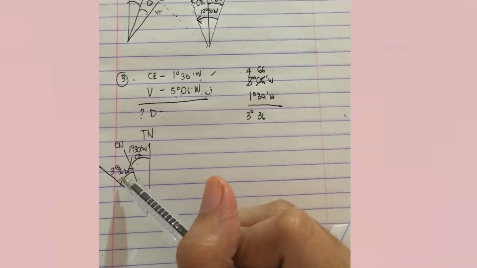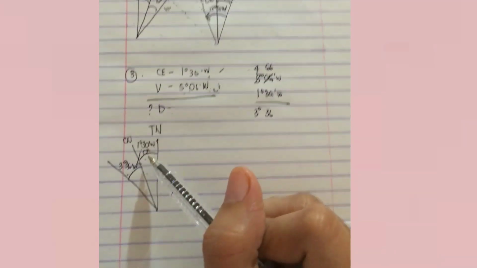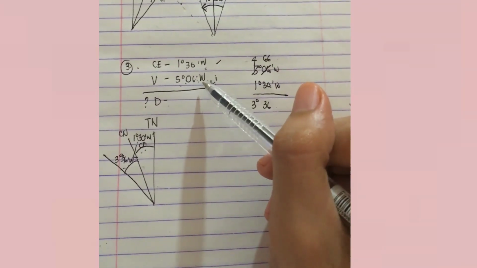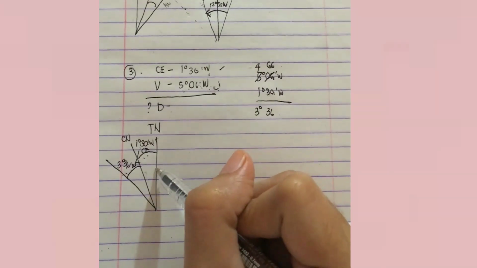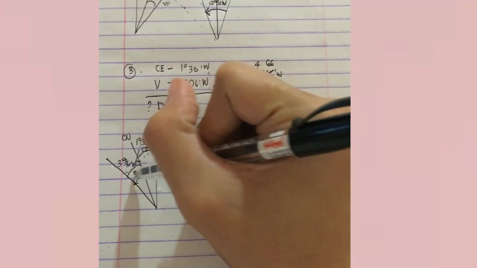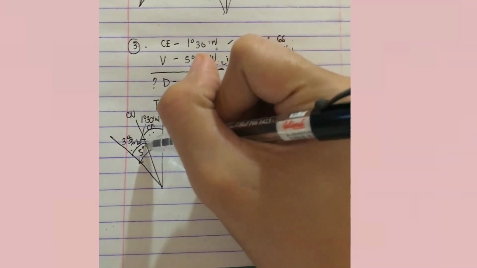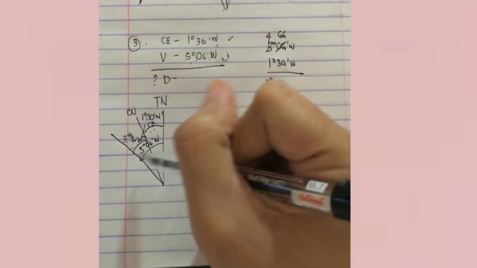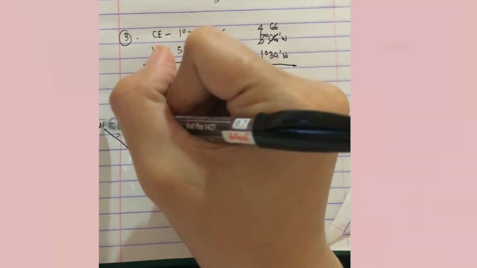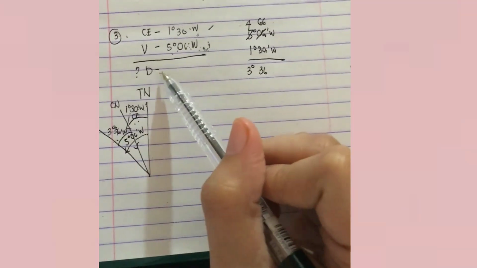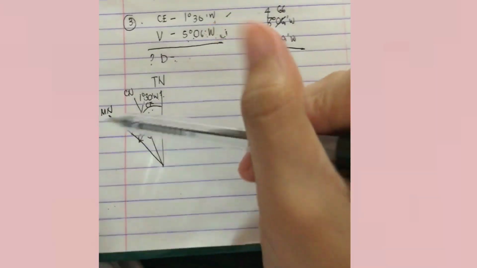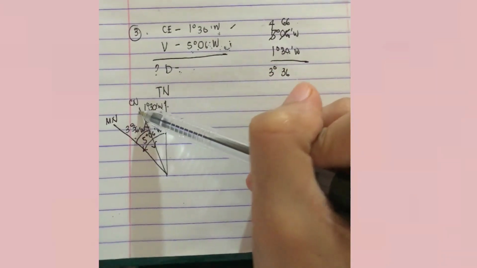So 3 degrees and 36 minutes west plus 1 degree and 30 minutes west will be 5 degrees and 06 minutes west. So this will be our variation, 5 degrees and 06 minutes west, and this will be our magnetic north. So what is our deviation? As we all know, deviation is measured from magnetic north to compass north.